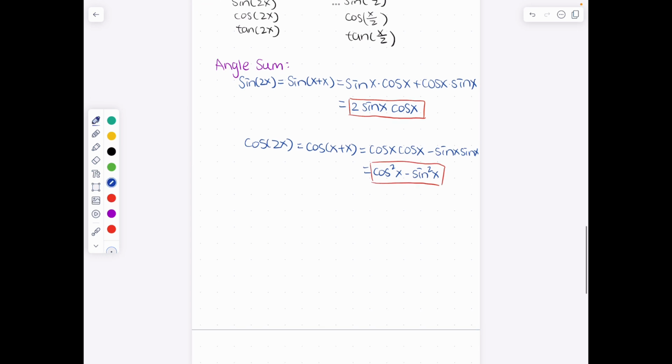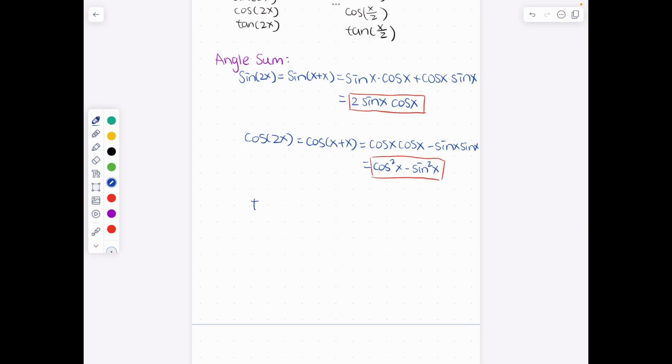So now let's continue for tangent. So tangent of 2x is equal to sine of 2x divided by cosine of 2x, right? That's just the definition of tangent.